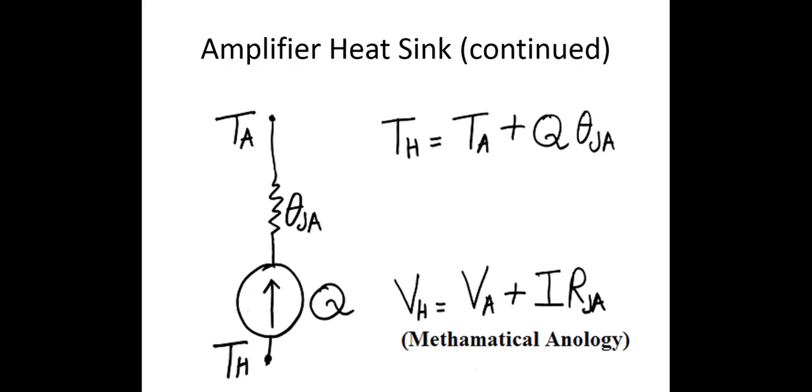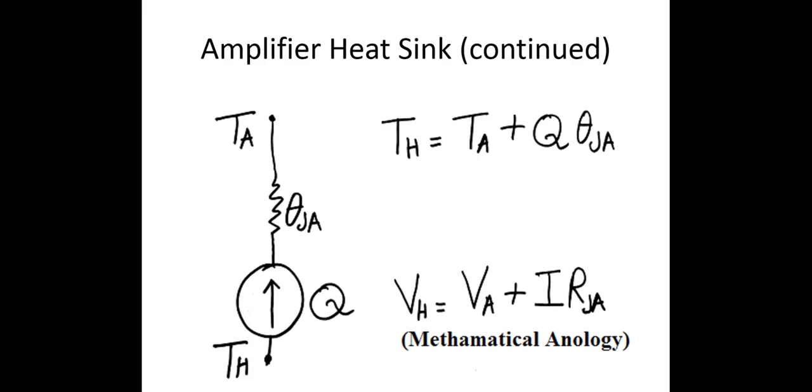So as we discussed earlier, the temperature is replaced by a voltage and heat flow by current. So mathematically this problem is now analogous to a current flow equal to Q, which is the heat dissipation from node TH to node TA.